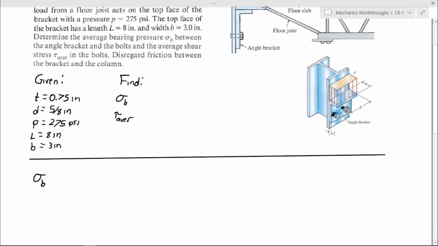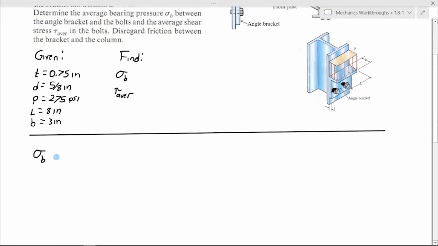And when we divide the force by the area, we get the stress that is acting on that surface. So we have a force per area since this is a stress. And the force is going to be our load, and the area is the bearing area, so the area between the bracket and the bolts.